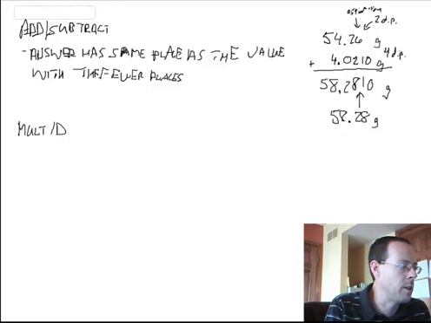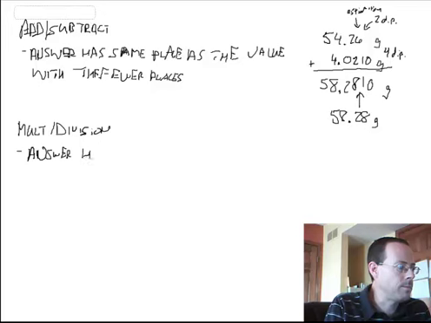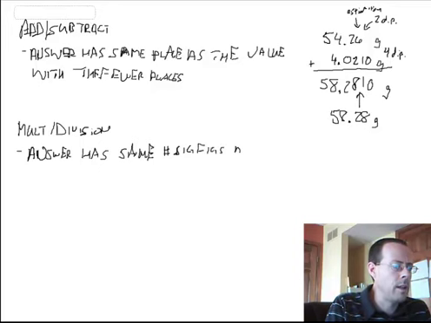Alright? Okay, so if we multiply and divide, and this is what we tend to do more often than not, for multiplication and division the answer has the same number of sig figs as the value with the fewest sig figs.